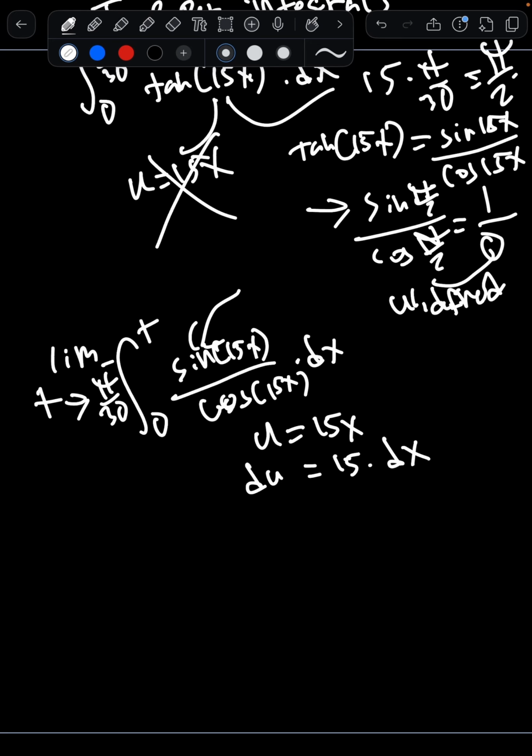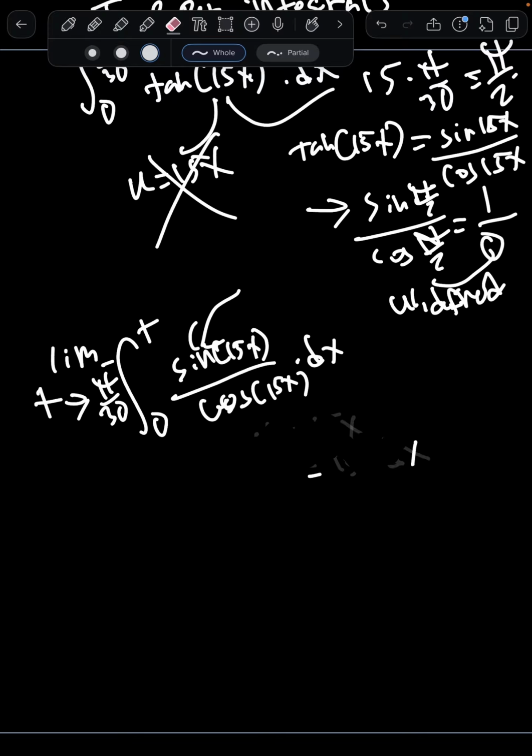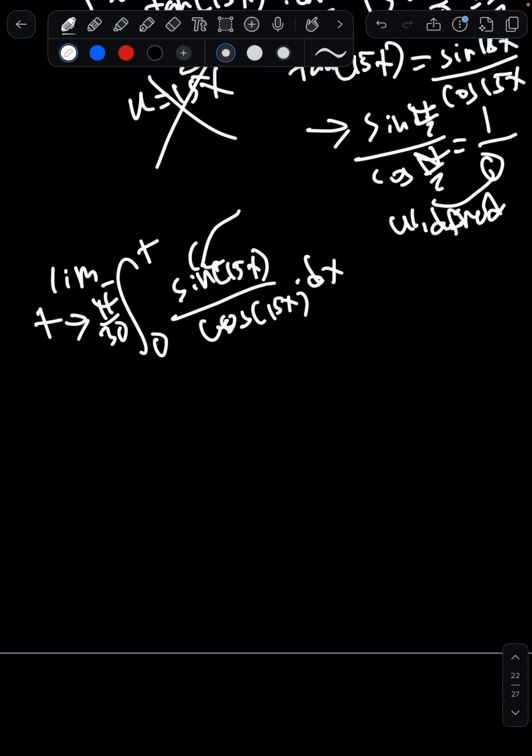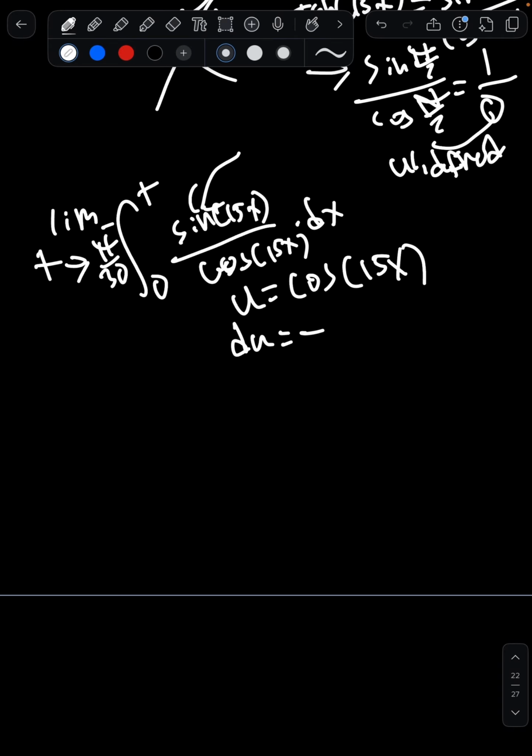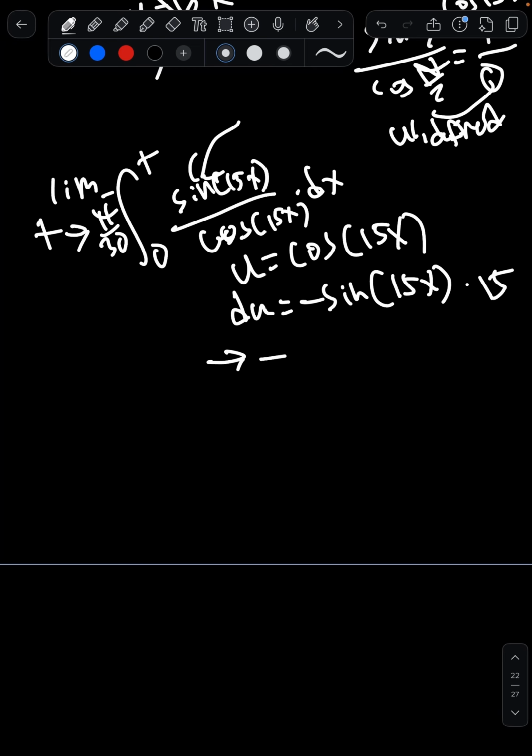Now, in order to actually do this u substitution, we will need to let u be the whole entire bottom of this fraction. U equals cosine 15x. Now, the derivative of this gives us negative sine 15x times 15, which gives us negative 15 sine of 15x.